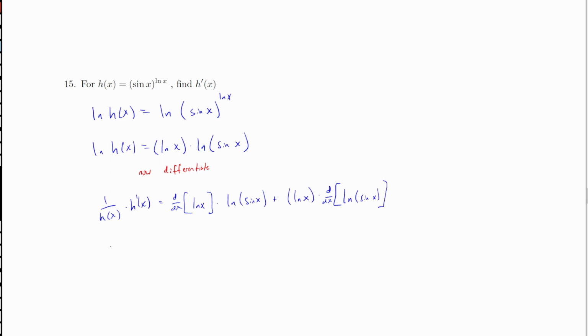Okay, so now let's work out what those derivatives are. The derivative of ln of x is 1 over x. The derivative of ln of sine x, I'm going to use the chain rule. I have 1 over the inside stuff times the derivative of the inside stuff. So we get cosine x over sine x. And in order to solve for h prime, I need to multiply both sides by h of x.